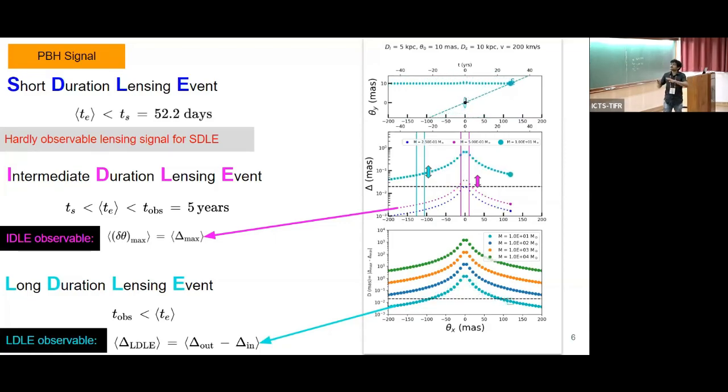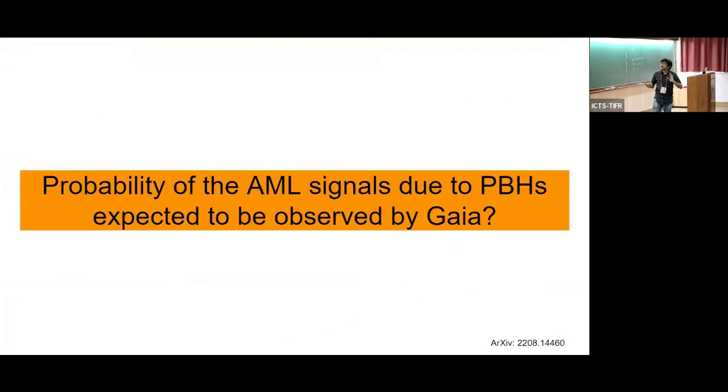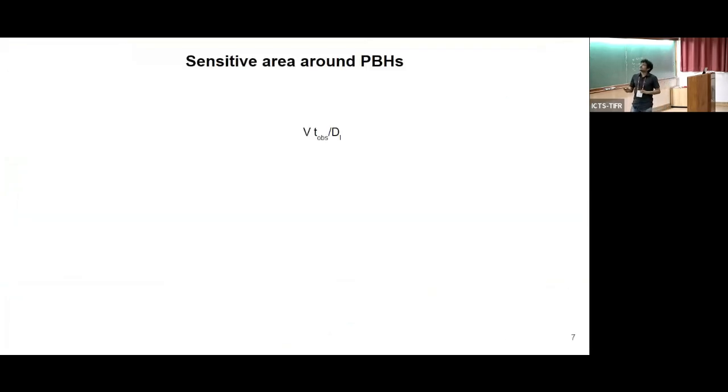From all these analyses, what we wanted to get at the end is how far a star can be from the lens so that it would give you a signal above the detection threshold. Once we have that, we can calculate the sensitive area around each lens corresponding to each kind of signal. That gives you the maximum threshold angular separation beta within which a star has to lie in order to give you a signal in Gaia.